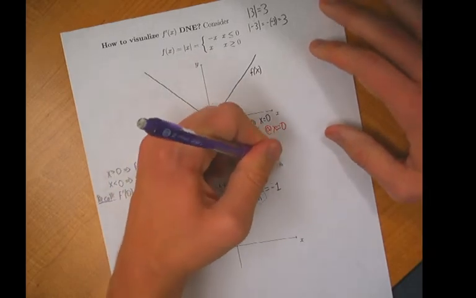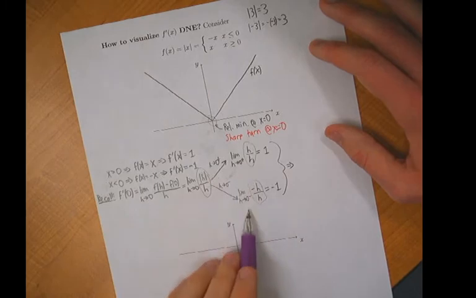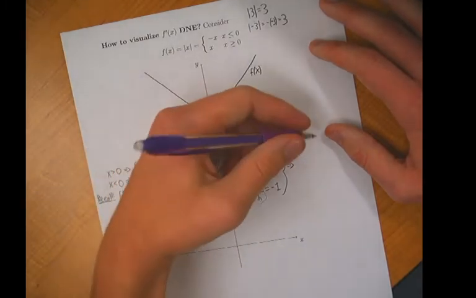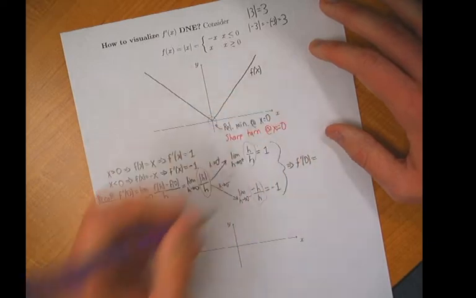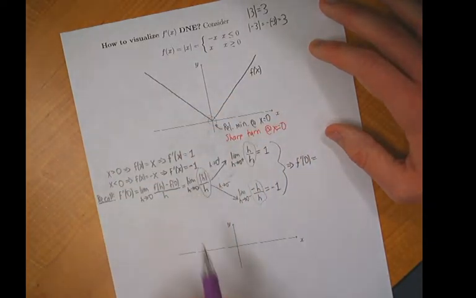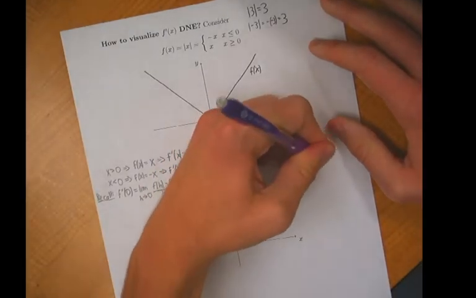So, remember, if these one-sided limits don't agree with each other, then the corresponding derivative, or the limit, should then be what? If the one-sided limits don't agree, it does not exist.